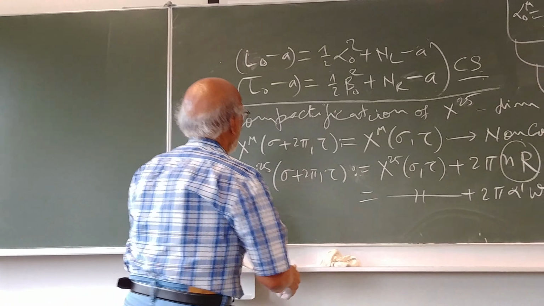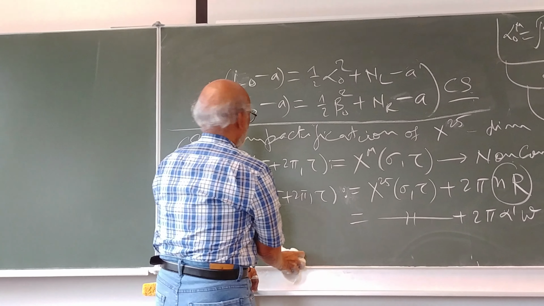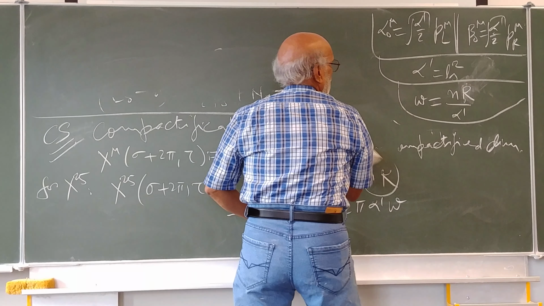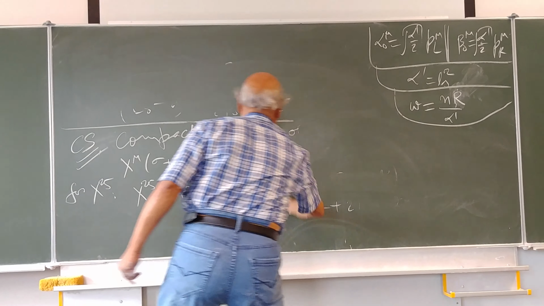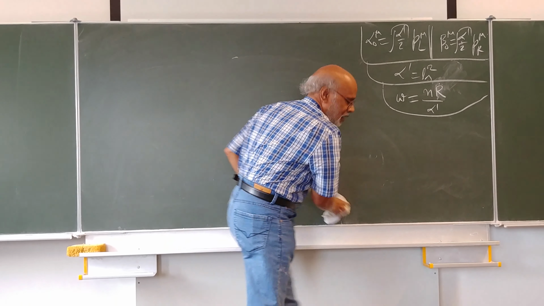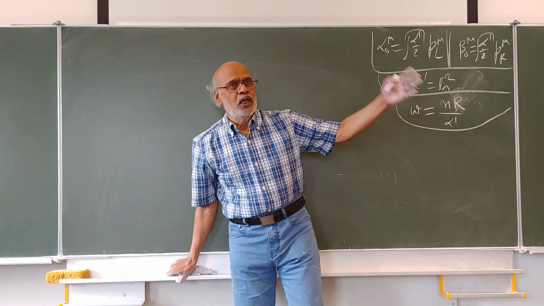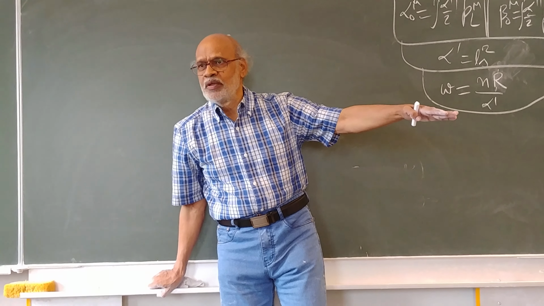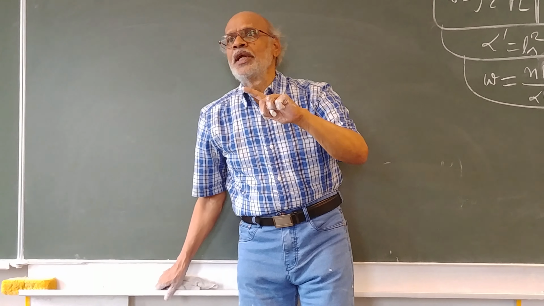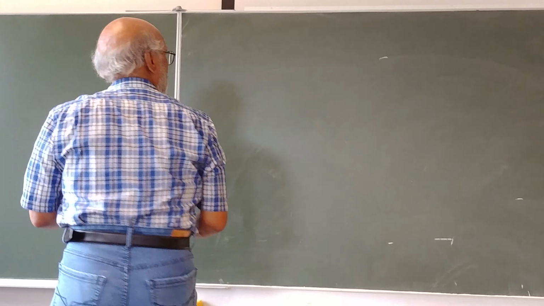And now I would need these relations a little bit later, but before that, as we have earlier done, we split our x mu as a sum of left moving and right moving waves. We do it for x25. So we put mu equal to 25 in our general expression.